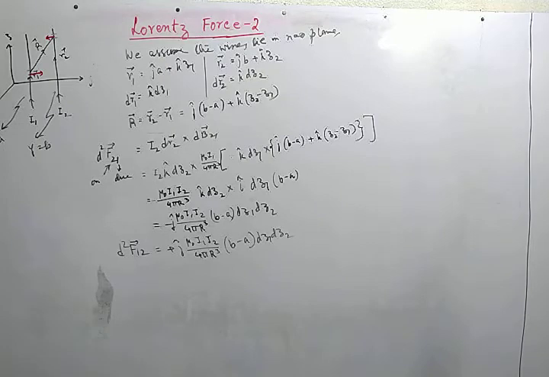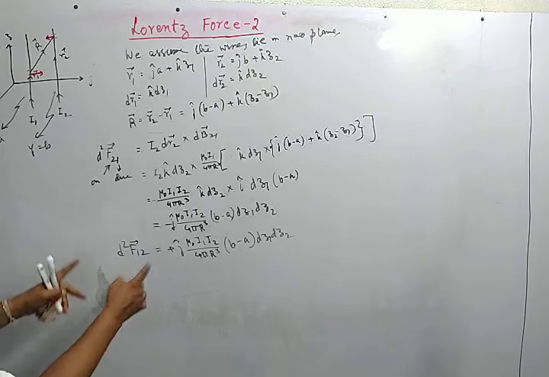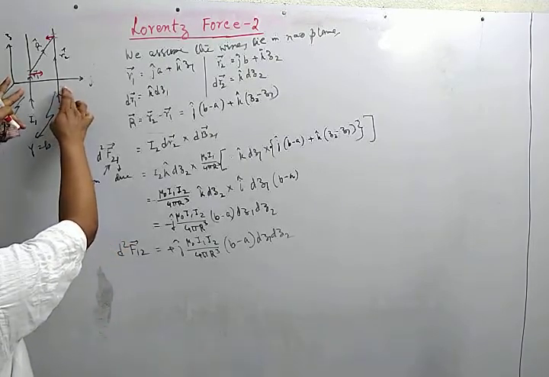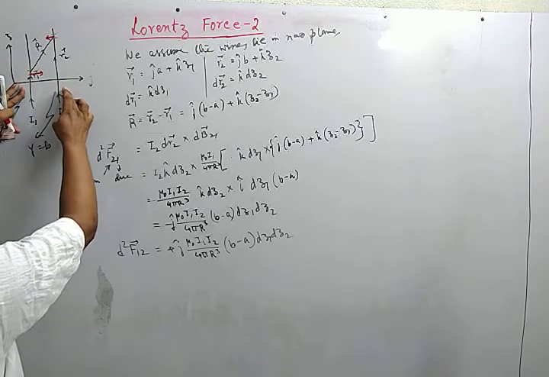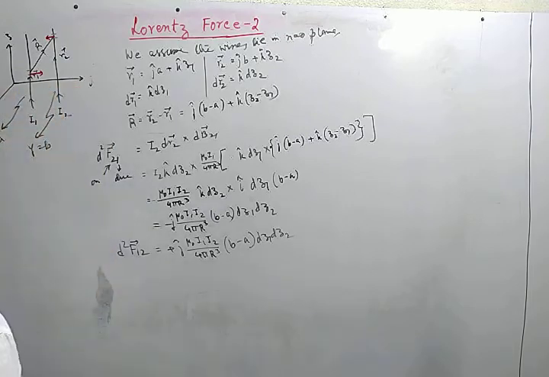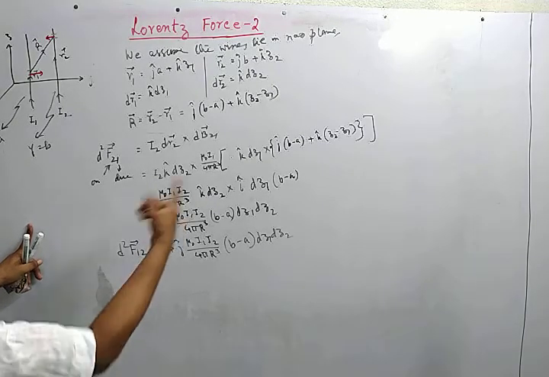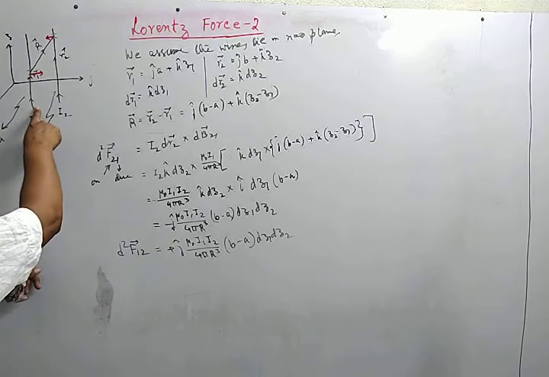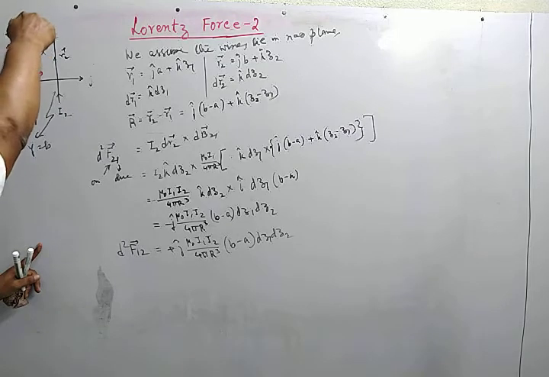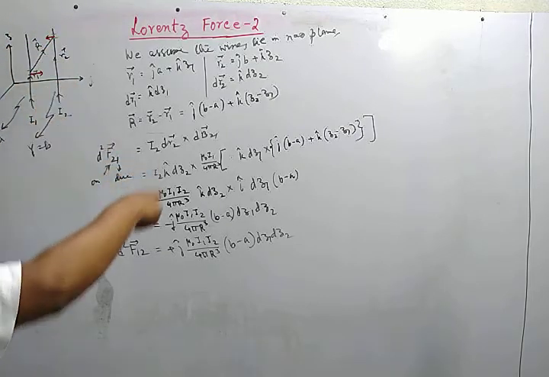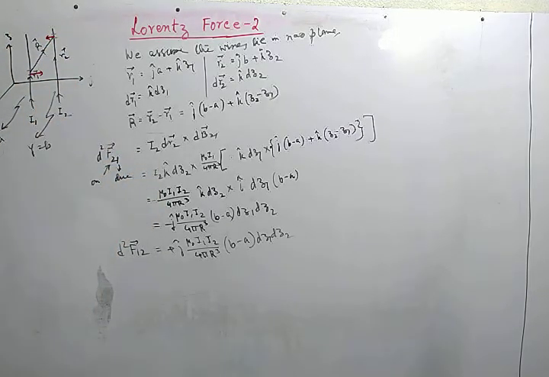Here we see that the force is such that it tries to bring the conductors closer to each other. If the current flows in the opposite direction in one wire, say current flows along straight conductor 1 in the upward direction and in 2 in the downward direction, then I2 will be negative.